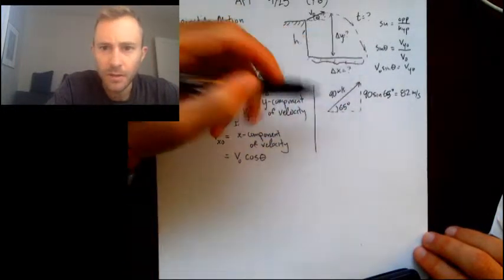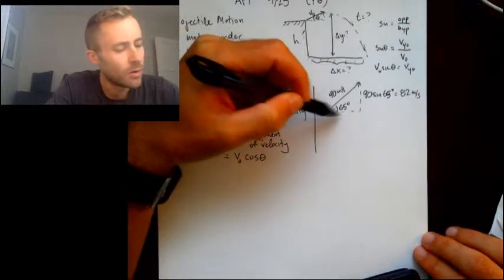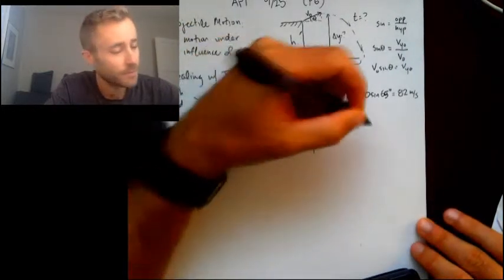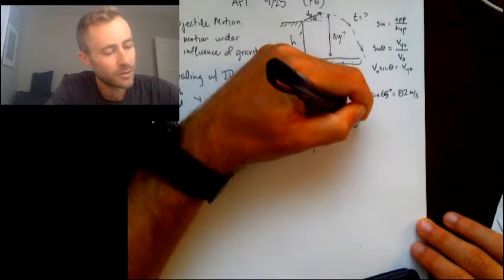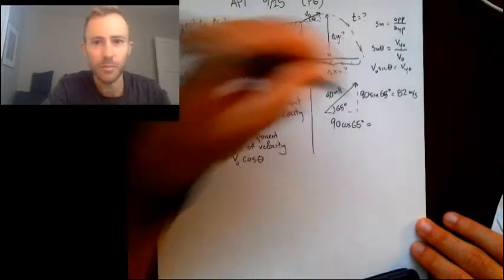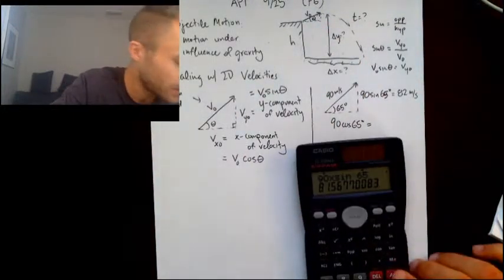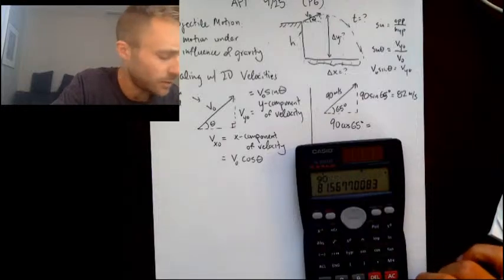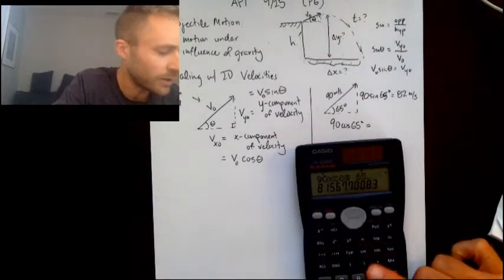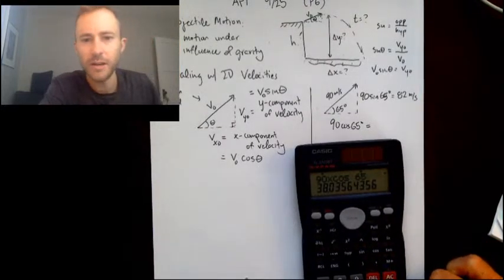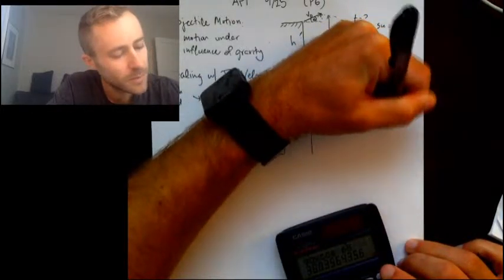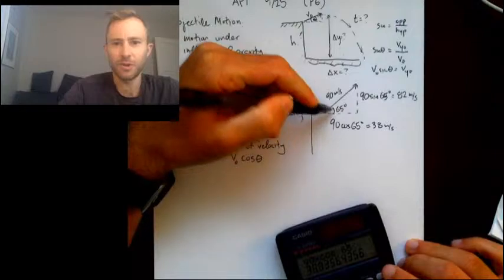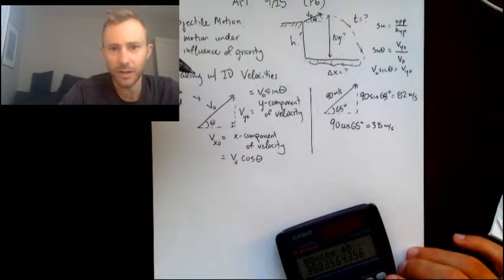So the horizontal part of this velocity is going to be 90 times cosine of 65 degrees. If I plug that into my calculator, 90 times cosine of 65 is about 38 meters per second. By the way, I've drawn this more like a 45-degree angle of launch.